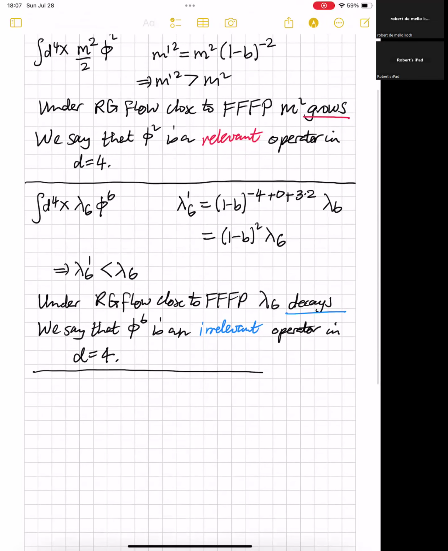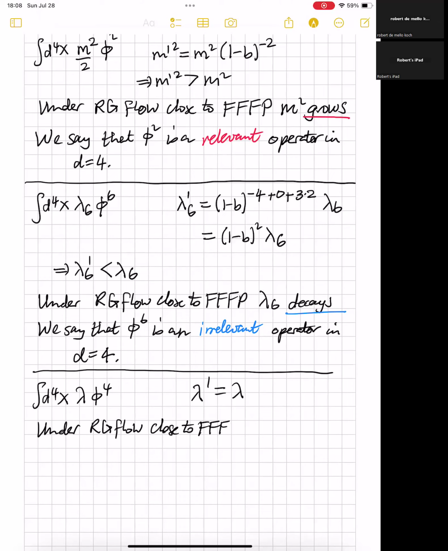Now, one final example, if we've got an integral d4x lambda phi to the 4, you can plug the numbers into the formula. You will find that lambda prime is equal to lambda. So that means that under RG flow, again, close to the free field fixed point, this coupling lambda neither grows or decays.